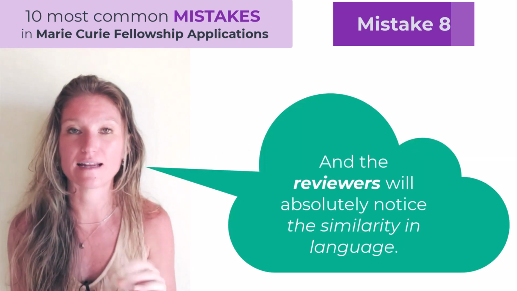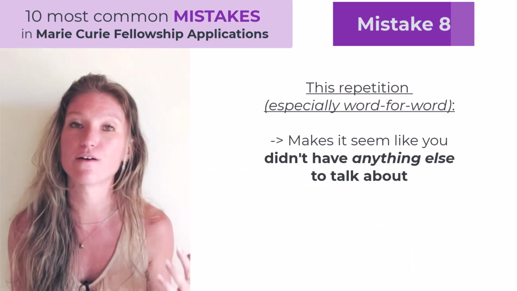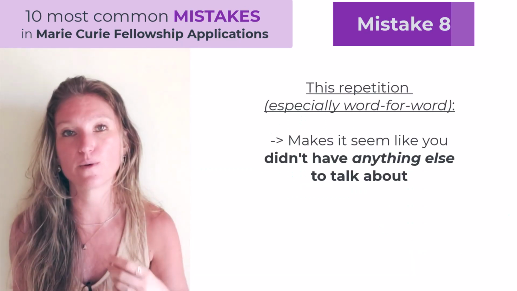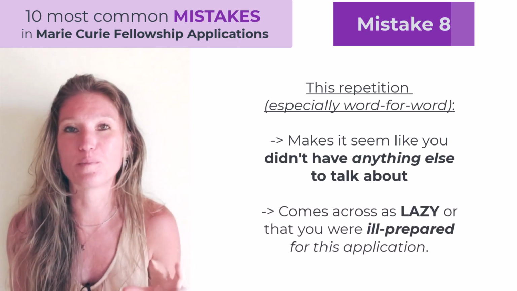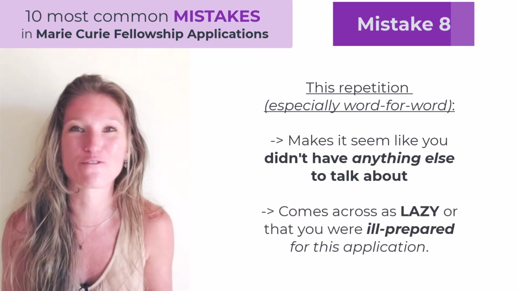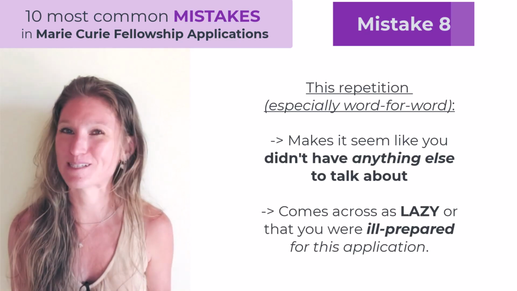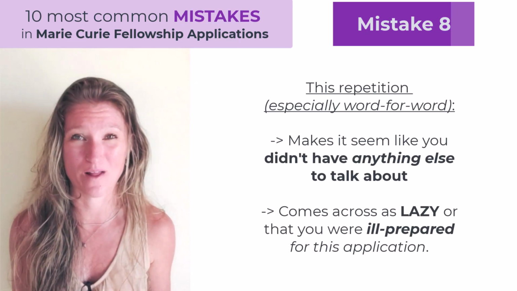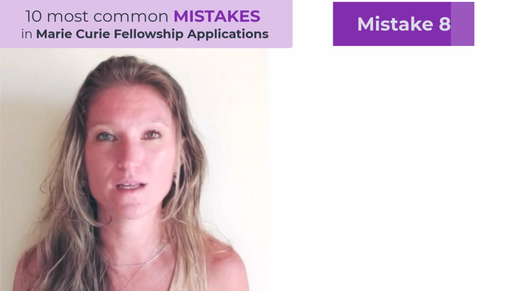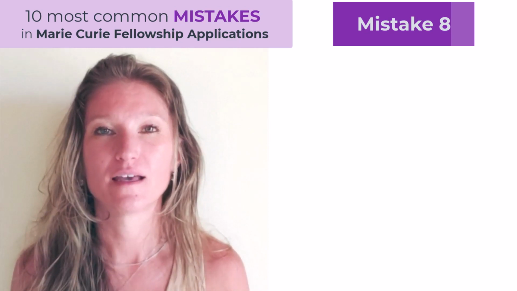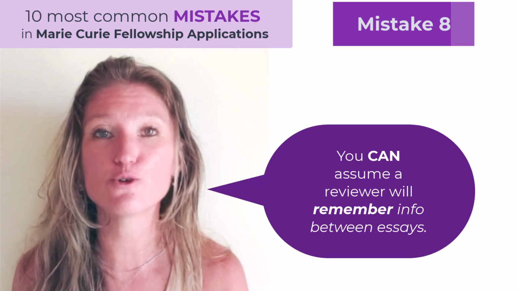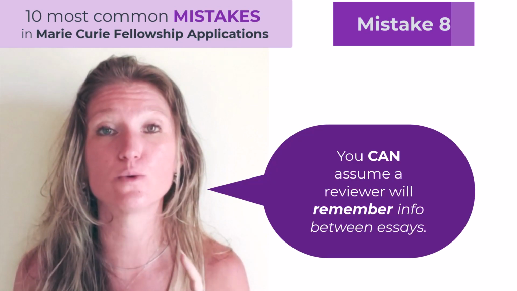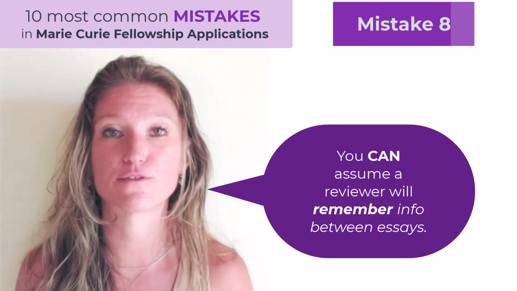And with that, it comes across as you didn't have enough other things to say, so you had to repeat exact chunks of text. If you did actually repeat these chunks of text word for word, it comes across as lazy, and we don't want that. The main point here is if you bring up information in one of these essays, you can assume that the reviewer is going to remember this in your different essays.